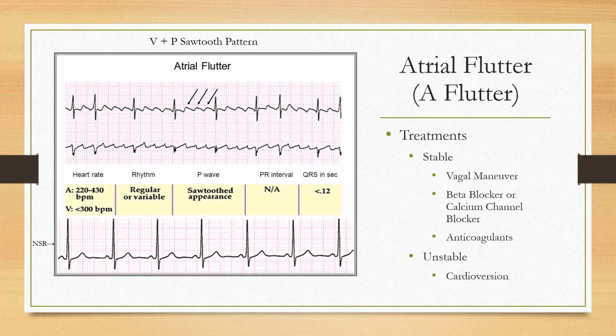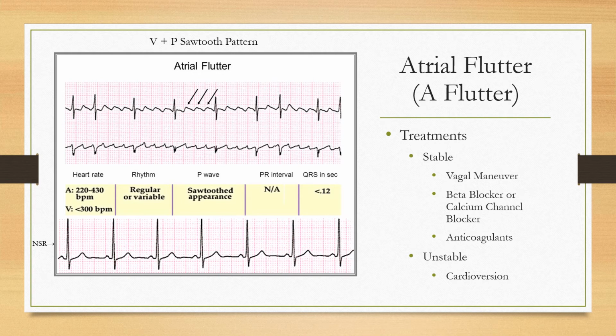Okay, so let's look at another rhythm coming from the atrium, which is called atrial flutter. And basically what's happening in this rhythm is there's an electrical circuit in the atrium that's circular in nature, and it's just going round and round and round the atrium, typically at around 300 beats per minute of the atrium, not the ventricle.